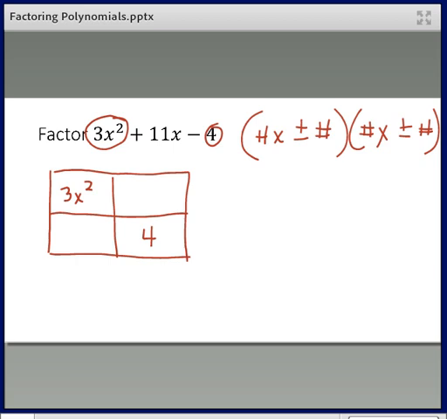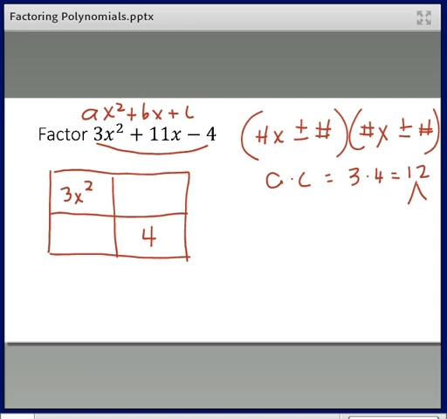So what do I do next? Well, now I take A and C. Remember, this is ax squared plus bx plus c. So I multiply A and C. So in this case, 3 times 4.